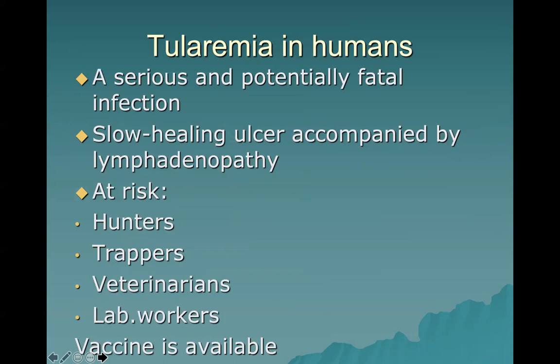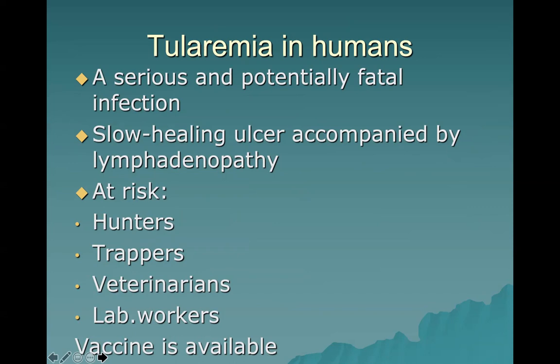So we will discuss the disease caused by this organism in humans. The disease is known as tularemia, although it has other names like rabbit fever or Harris disease, which were mentioned a while ago.